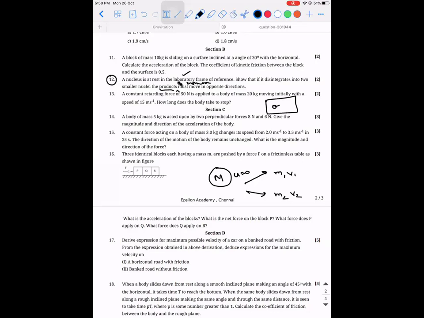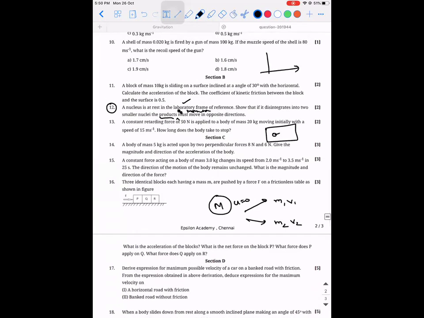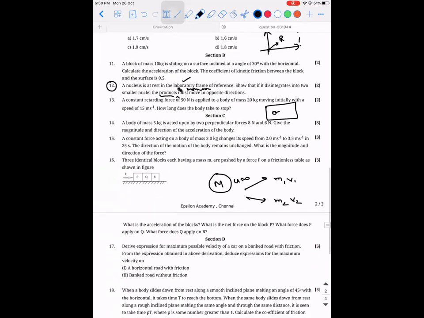So there is a nucleus which is getting split into its subatomic particles. Frame of reference is like a coordinate axis. If you assume your lab, you're standing at a particular location with respect to the corner of the room, then that particular square, you can call it the frame of reference.